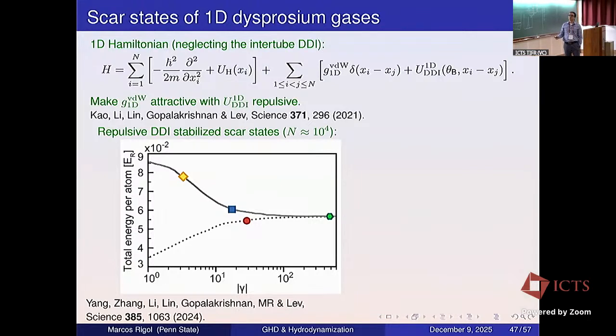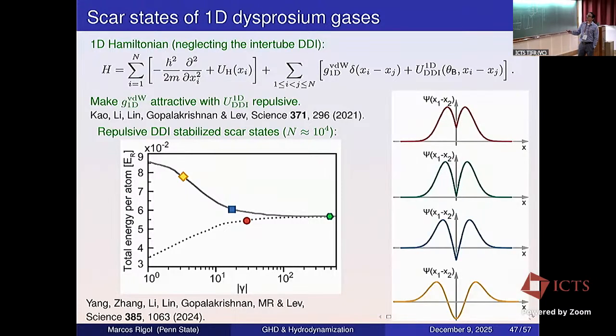This is the most interesting point, and here is weak. Note this is a log scale, okay? And since I know that you are not going to remember the colors, I'm just going to plot these relative two particle wave functions just for you to keep in mind. This is repulsive TG, the attractive scar, and this is weakly interacting, okay? So whenever you see one of those plots, then you know where this is.